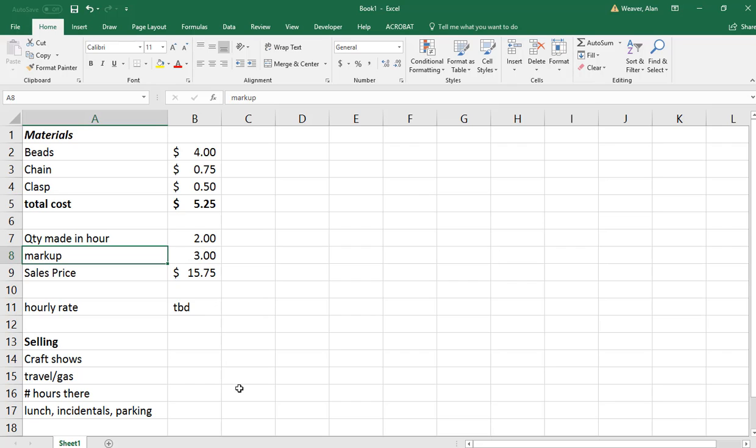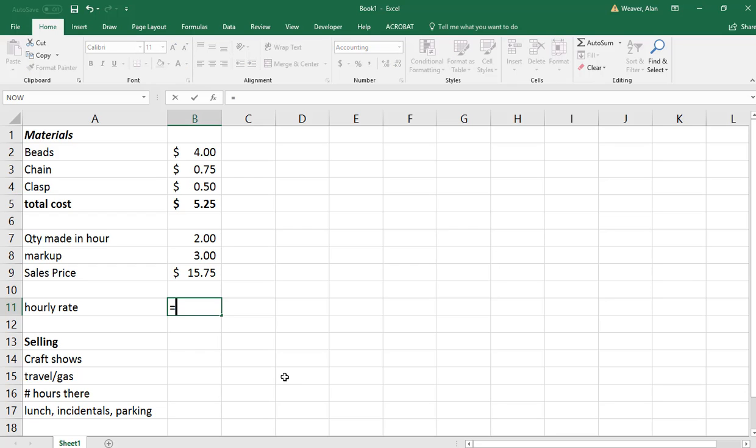So what we're going to be doing now, I want to determine my hourly rate now. So what it is, I'm going to be selling 2 of these, so it's going to be equal, I'm going to use a parenthesis here, this times, we're going to say the 15.75 times 2 because you're selling 2 of them, okay?